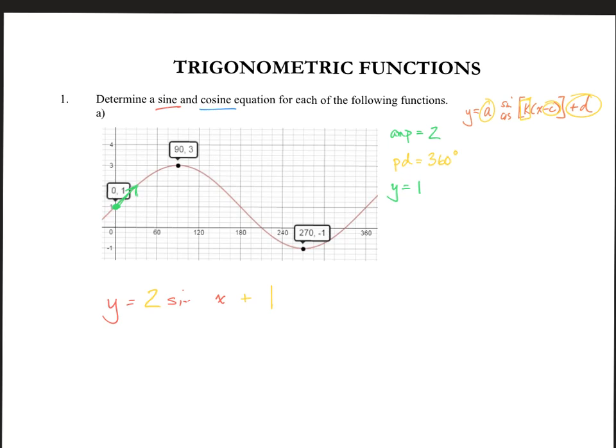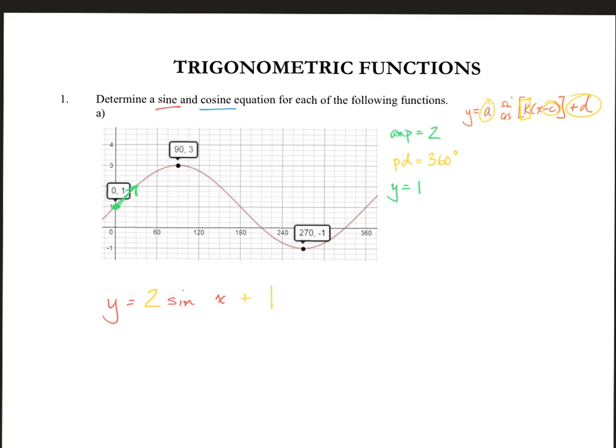Okay, well, the first thing that I think we need to address is we can view this two different ways. The best picture scenario is that we relate the period of a normal sine curve to the period of the graph we've been given.